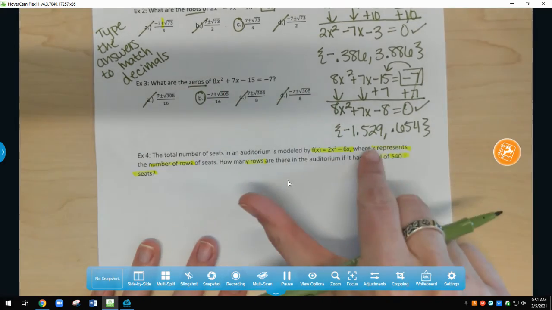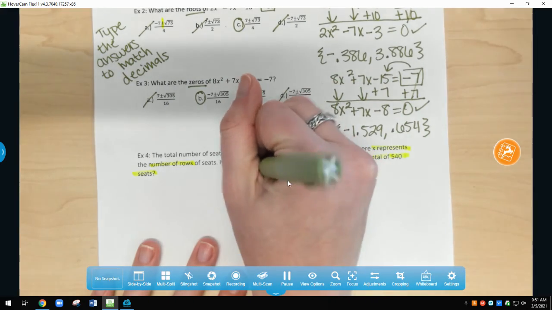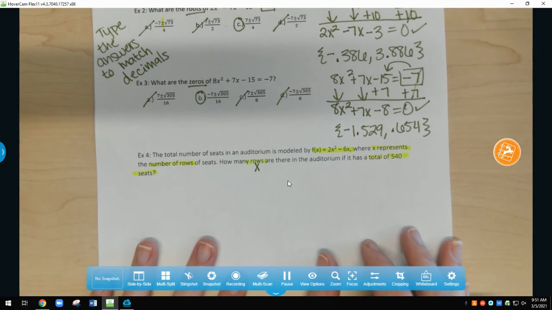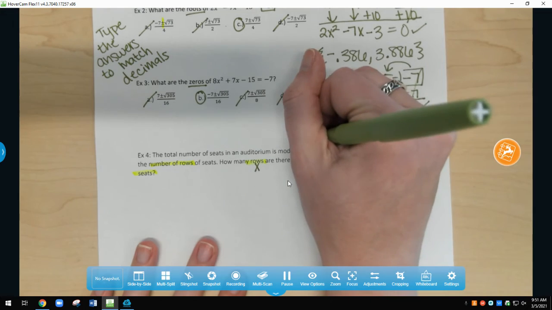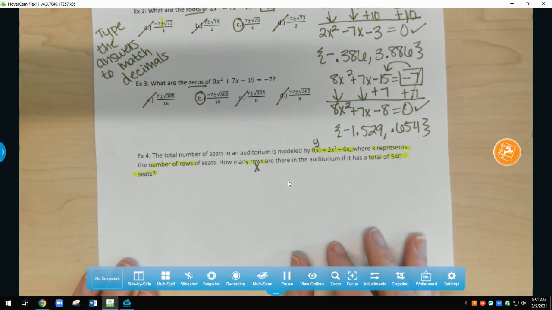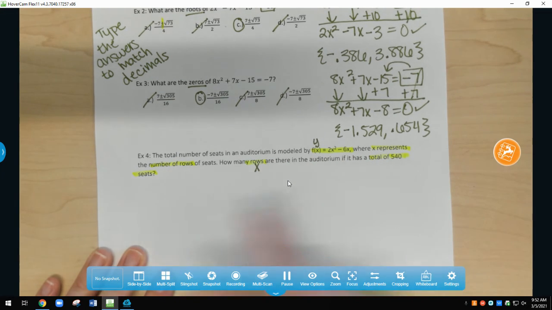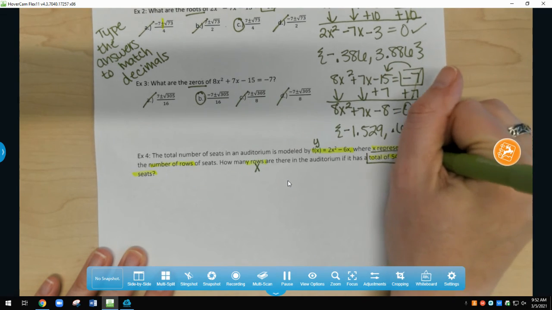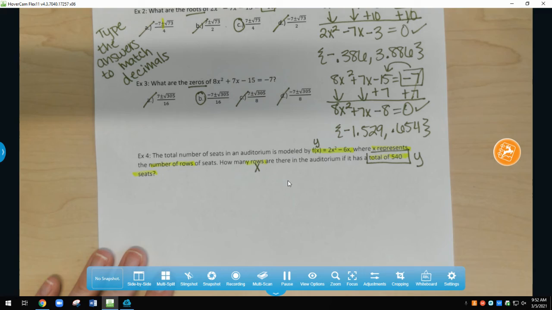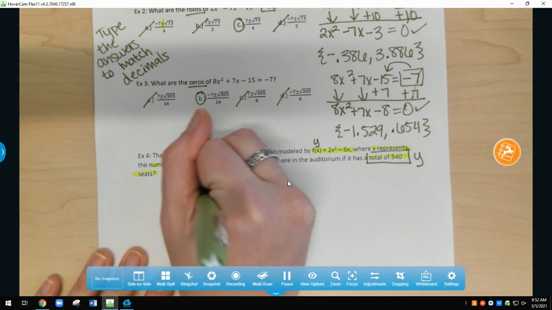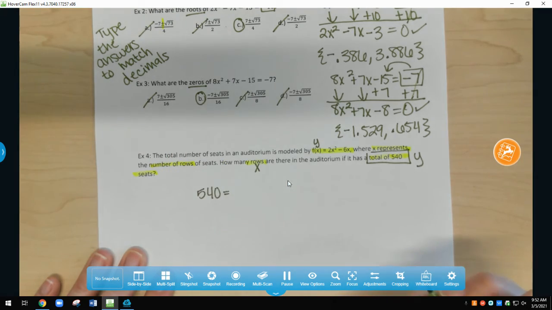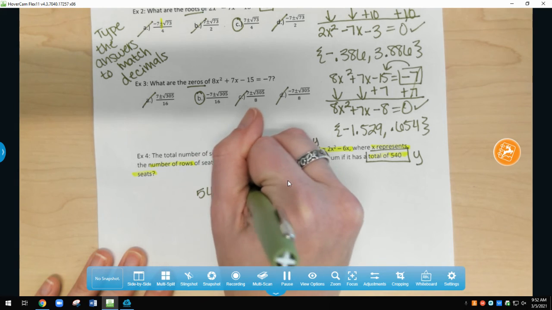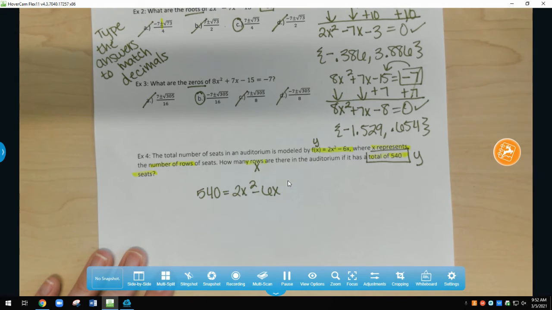It tells me that x is my rows, so I'm looking for x. Okay, remember this f of x is the same thing as y. We have a total of 540 seats. So if our total is 540, that means it's what it's equal to. So that's our y. So we're going to have 540 equals 2x squared minus 6x.